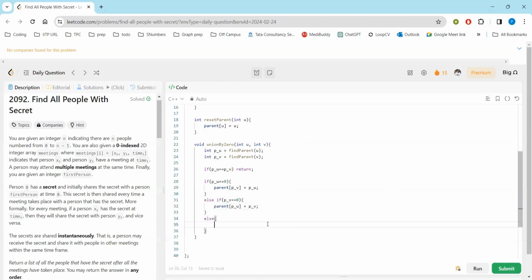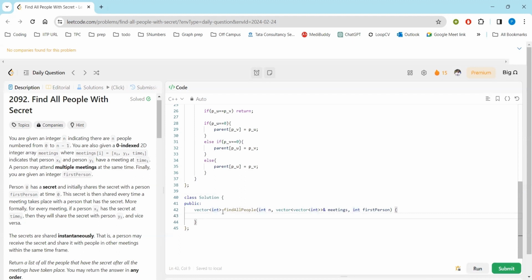Else, if none of the ultimate parents is 0, then we can make any of the persons the parent. That means there is a meeting between u and v, but neither u knows the secret nor v knows the secret. So this will be our disjoint set.